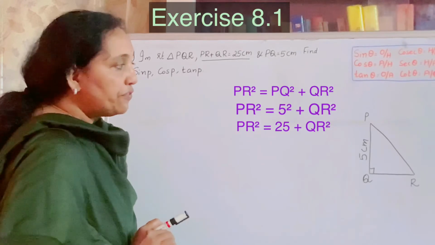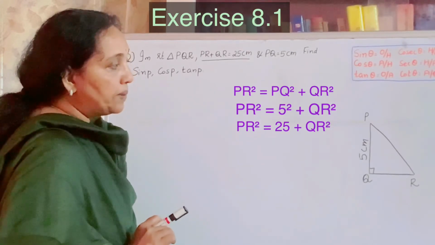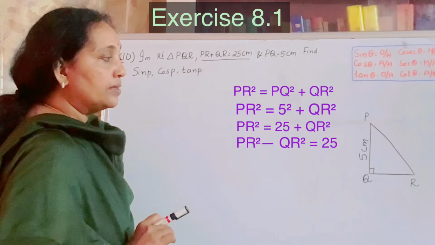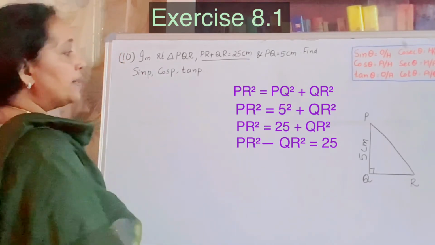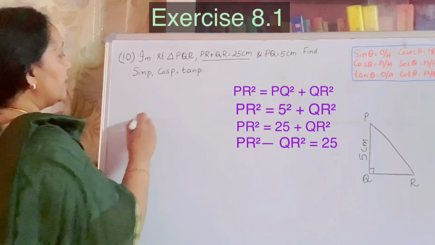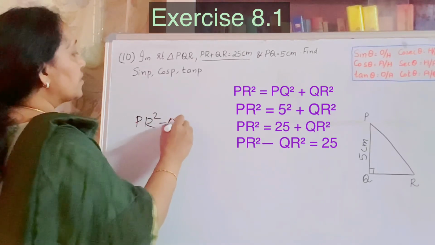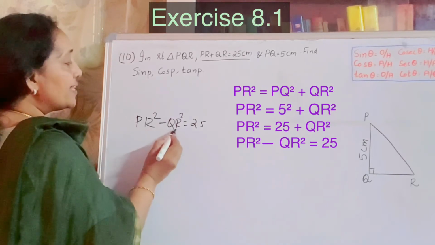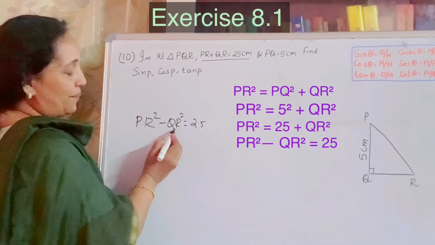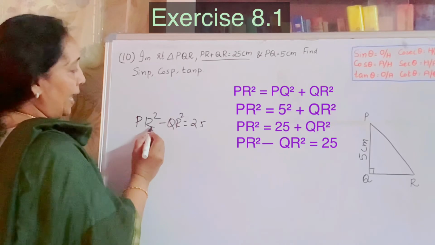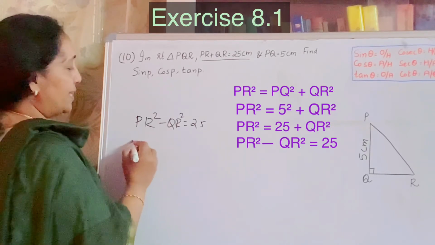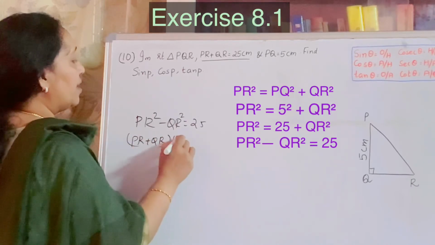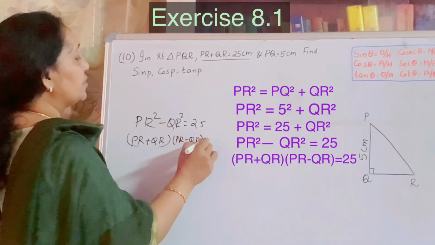That is 25 is equal to PR square minus QR square. Then PR square minus QR square is 25. A square minus B square, that is A plus B into A minus B. That is PR plus QR into PR minus QR is 25.